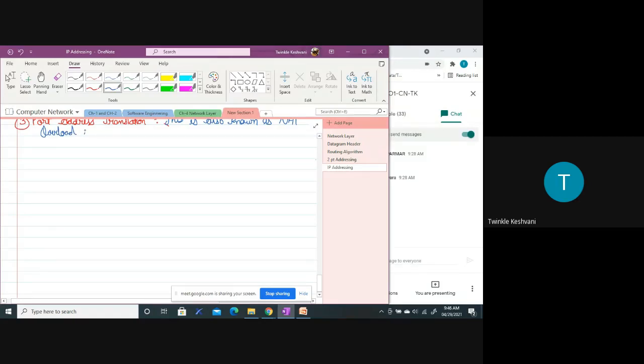In this, many local, that is, private IP addresses can be translated to a single registered IP address. So we can say translation of local private IP addresses to a single registered IP address.